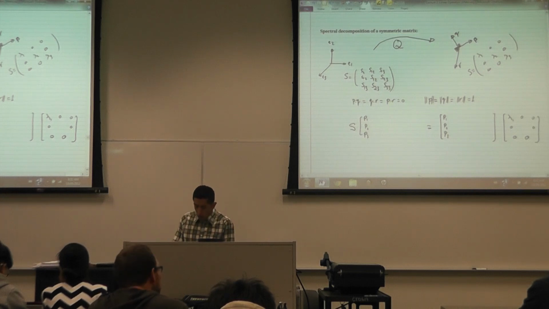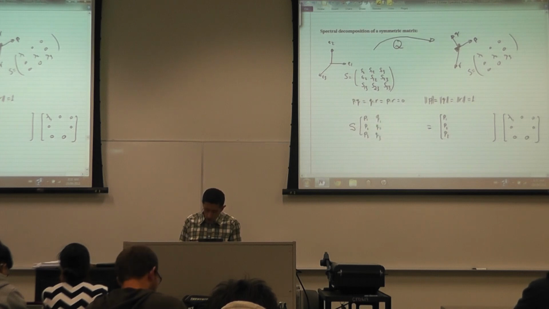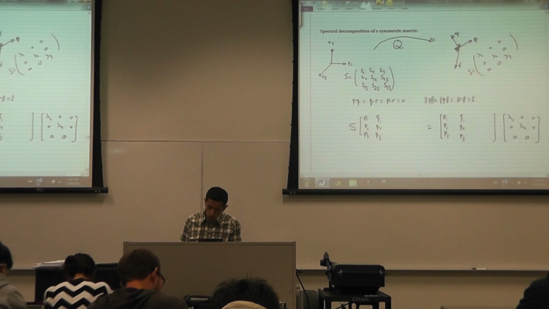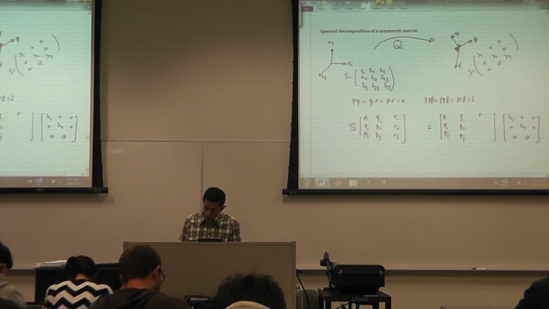So SP is equal to lambda 1 P. When I multiply it by Q, I'm going to get Q multiplied by lambda 2. When I multiply it by R, these are the eigenvectors of S, I will get R again, but multiplied by lambda 3.